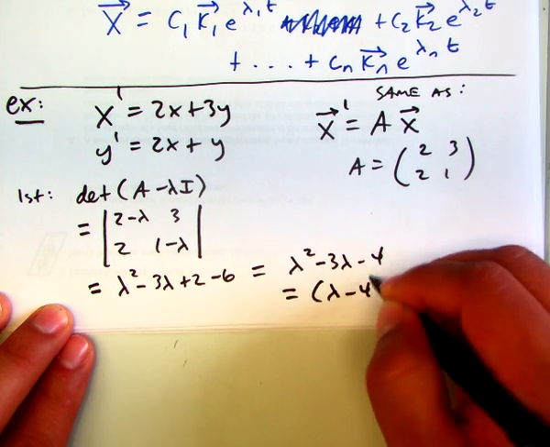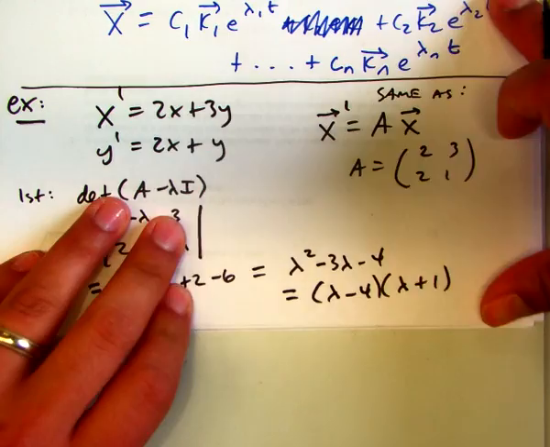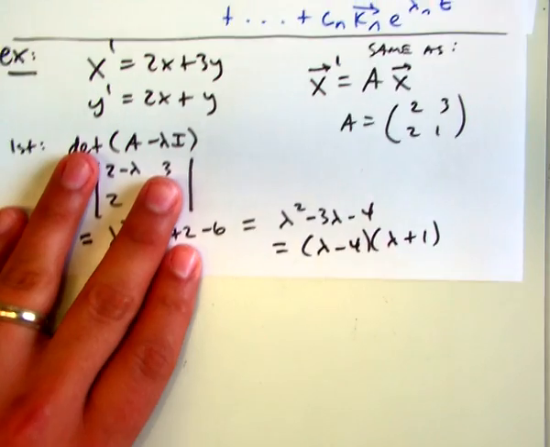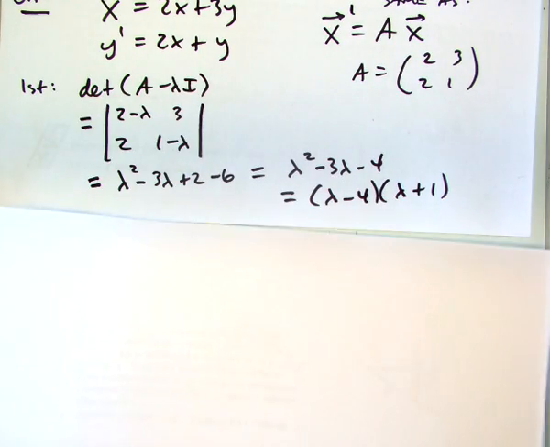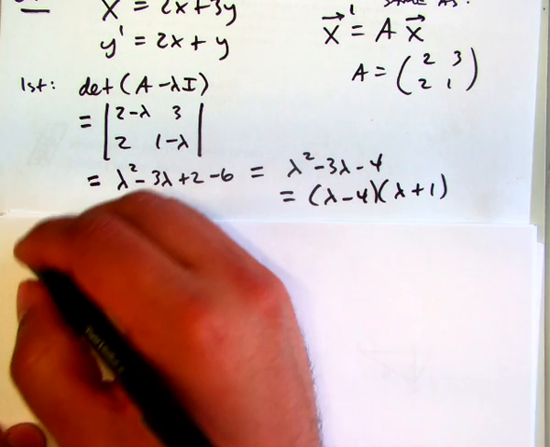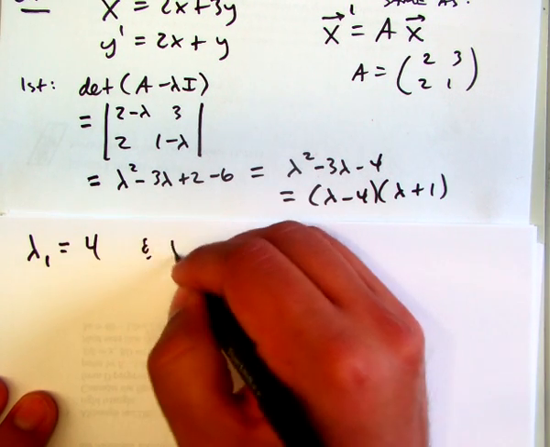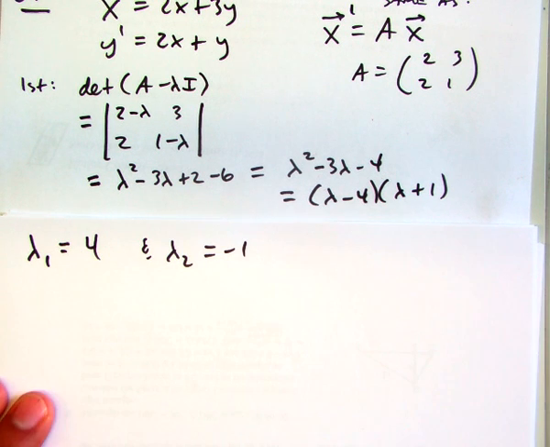So that gives us two distinct eigenvalues. Lambda 1 equals 4, and lambda 2 equals negative 1.